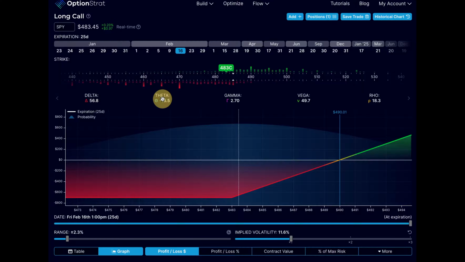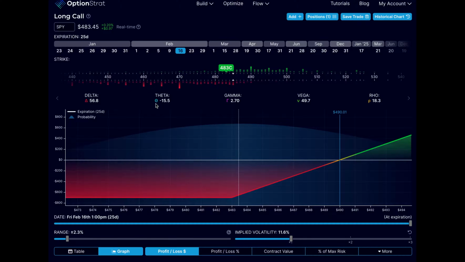Theta is the amount of decay. In other words, how much is this option decaying out from under you? You paid something for this with the intent of the price of the underlying getting above 490 prior to expiration. But while you're sitting here waiting, this thing is decaying on average $15 a day. So I kind of call that my holding cost.